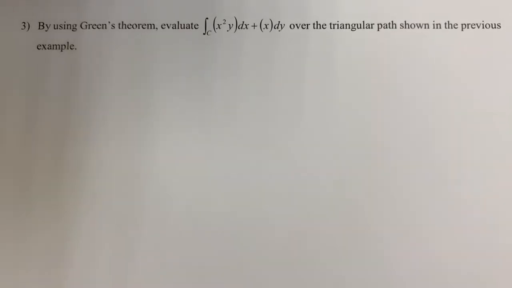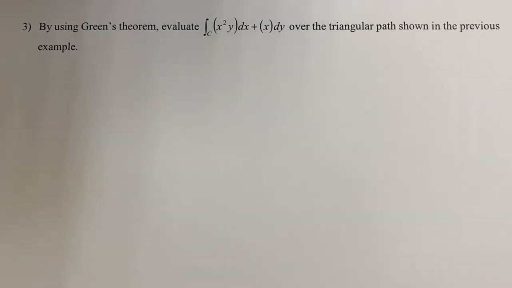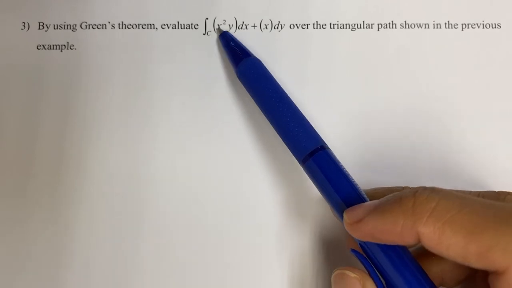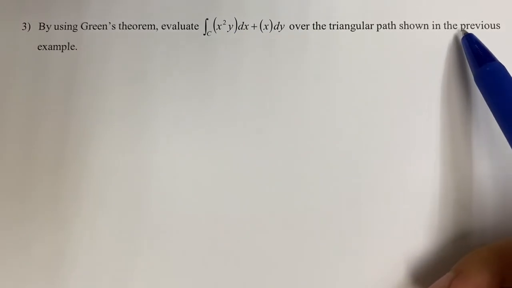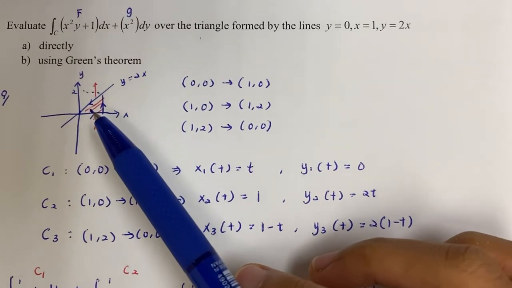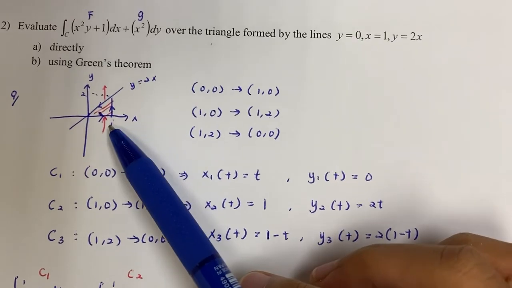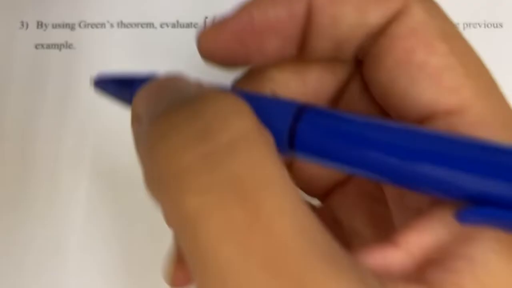Another example for Green's theorem. By using Green's theorem, evaluate the line integral of x squared y dx plus x dy over the triangular path shown in the previous example. So we will use this smooth curve. It's simple.